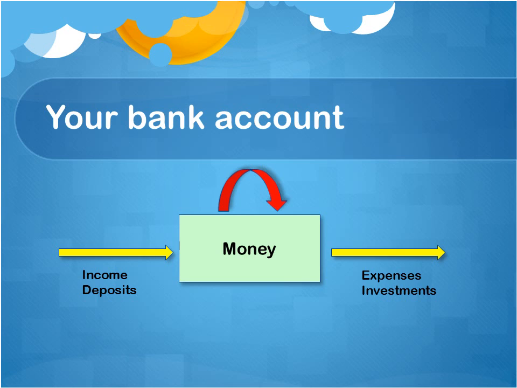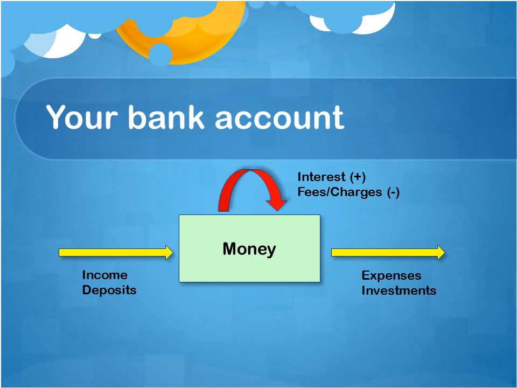And then internally within the account, you also have inputs and outputs that are dependent on the amount of money that's there. I want to make the distinction, and we'll make this more clear later on, between inputs and outputs that are dependent on the variable itself and those that are not. For the most part, your income and your deposits may be independent.